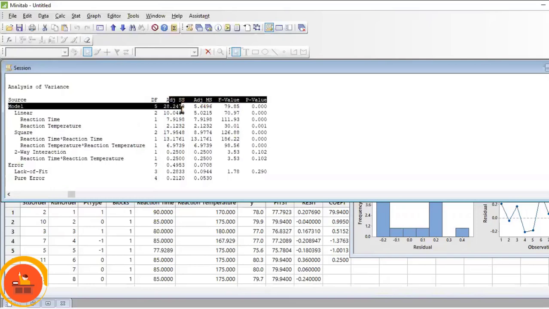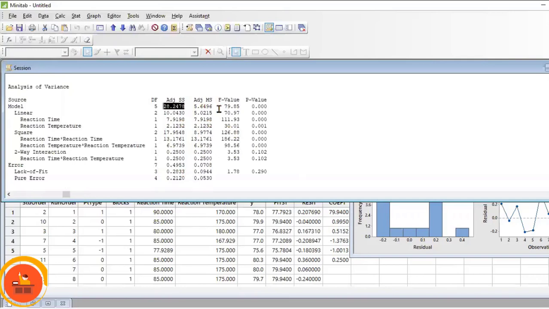Adjusted sum of squares divided by degrees of freedom gives the mean squares. Mean squares divided by the error mean square, whatever the error which we are getting. For example, I will calculate it here. Here we have got 28.42, and here what is the error? 0.28.